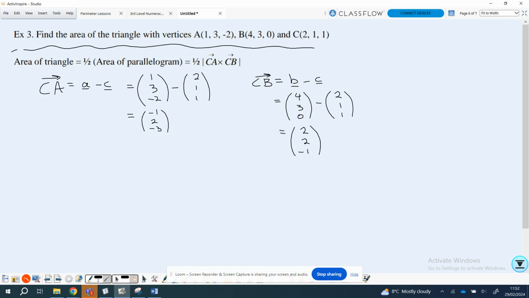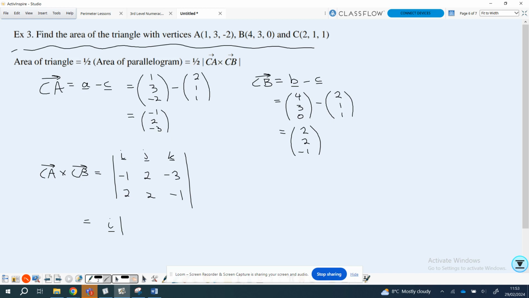So, we want the cross product between the two vectors that we've just found. So I, J, and K. Okay, so C to A vector, that was negative 1, 2, negative 3. That's 2, 2, negative 1. So again, we're going to work out 2 by 2 determinants.